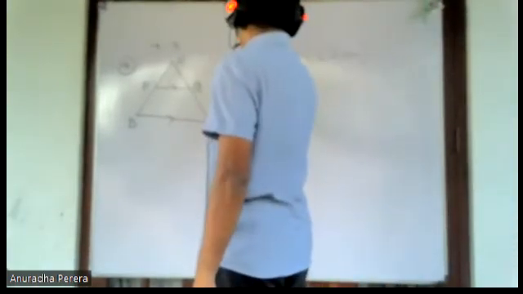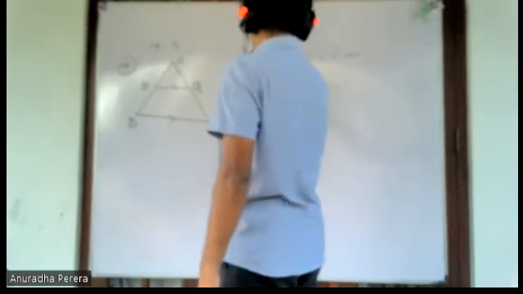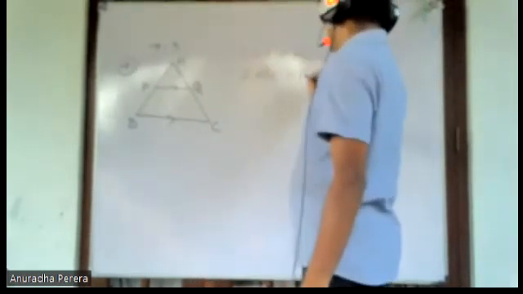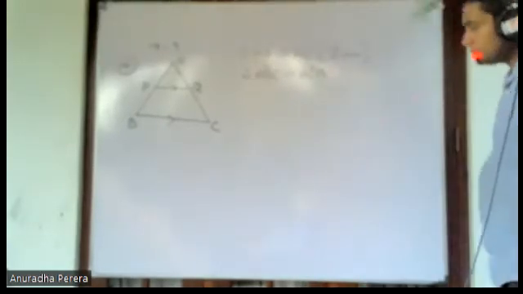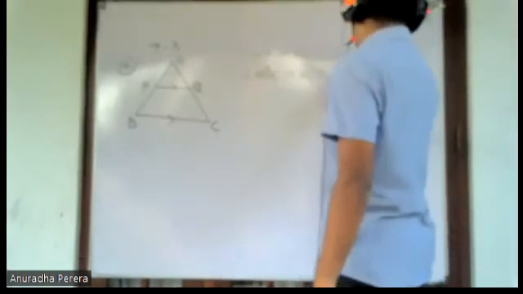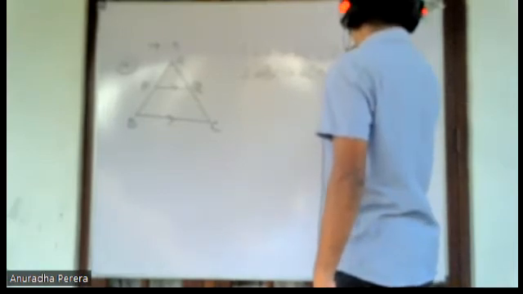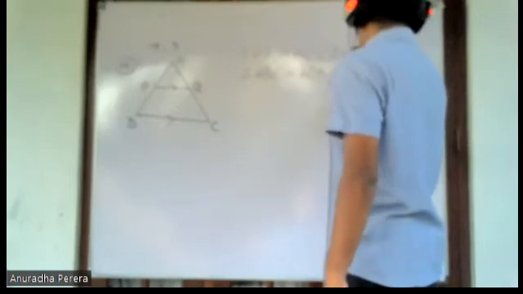Therefore, ABC equals ACB. The reason is the isosceles triangles theorem.